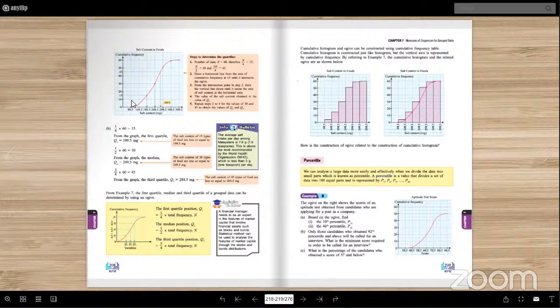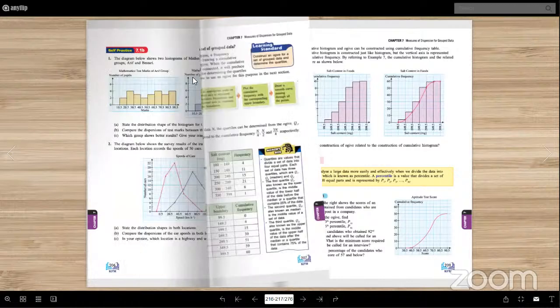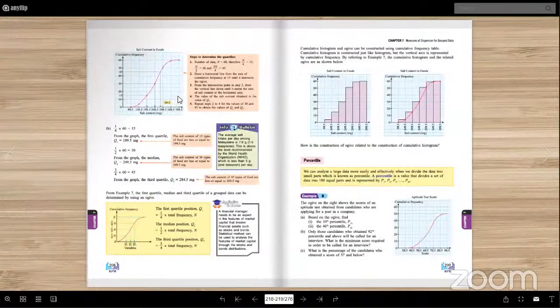Basically, the first quartile is the first 25% of the people. And the top quartile is the top 25%. So let's say the highest scoring students, the top 25% in Malaysia, for example, would be placed in the fourth quartile, the highest quartile.